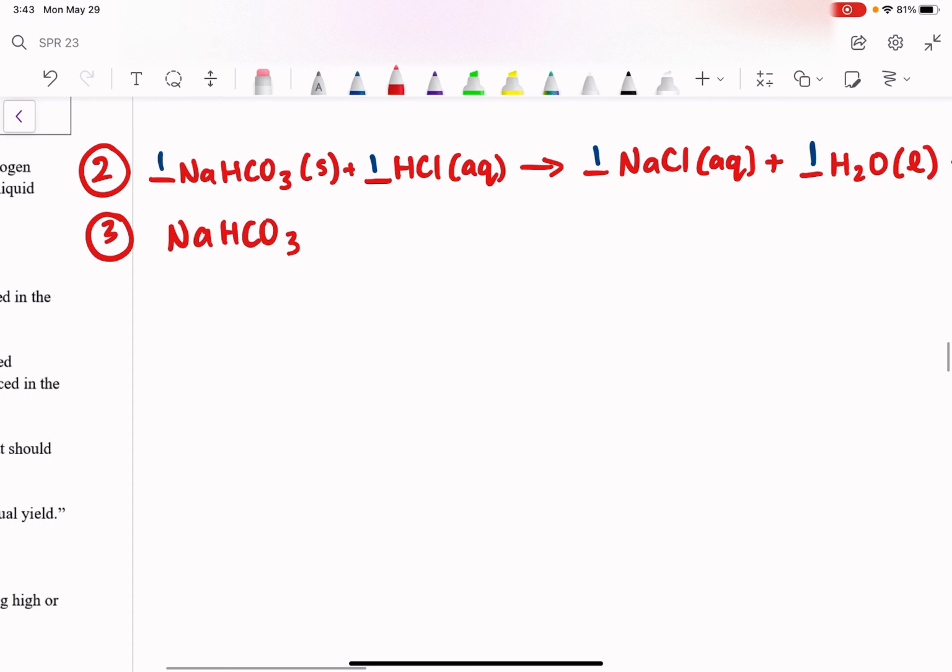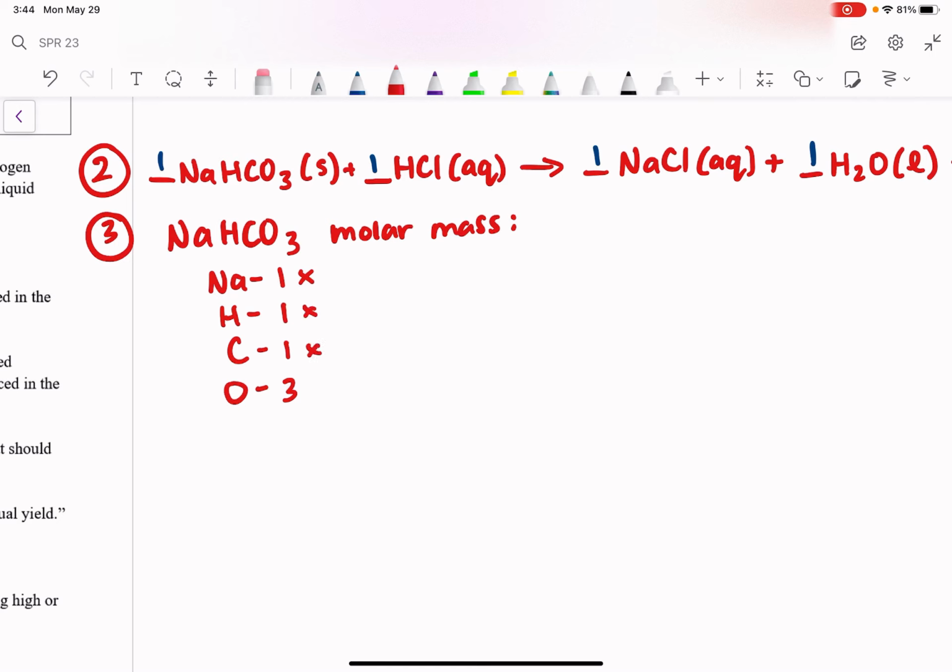So we want the molar mass, so let's write that down, molar mass. So we've got Na atoms, H atoms, C atoms, and O atoms. We got 1 Na, 1 H, 1 C, and 3 O's. All right, now we gotta look at the periodic table and see what the atomic mass for each of those is.